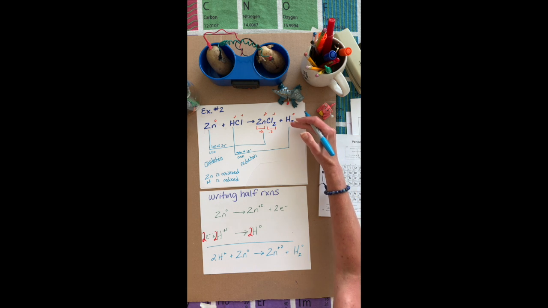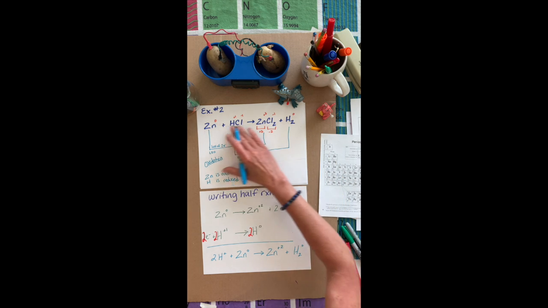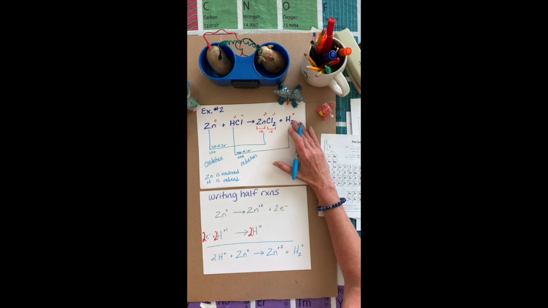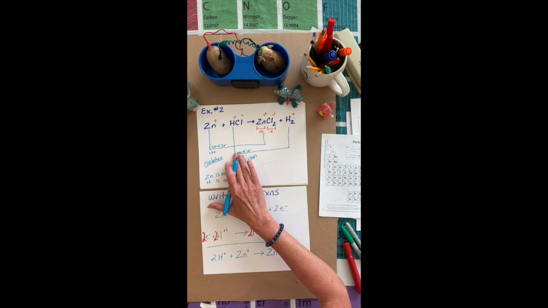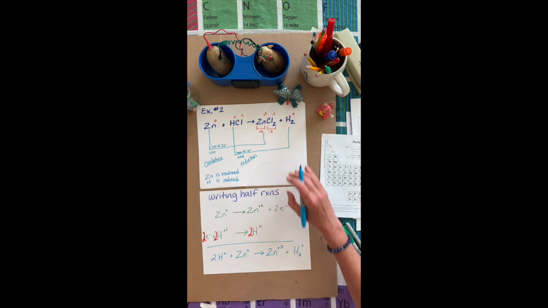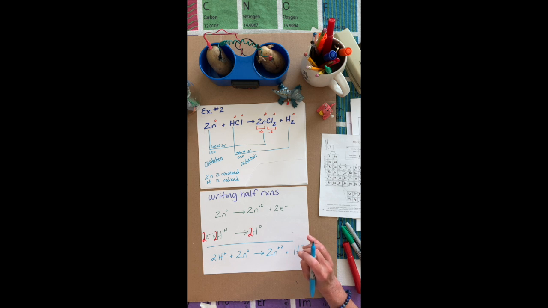So to conclude, we determined that we have a redox reaction by assigning oxidation states to each atom. Because there were changes in oxidation states, we knew that this was a redox reaction.